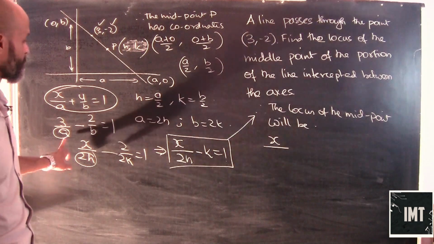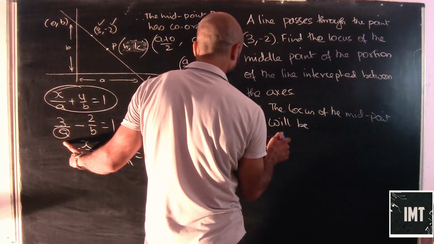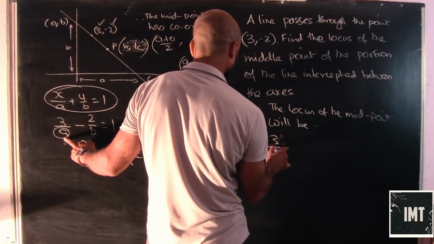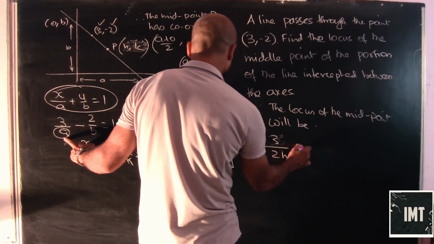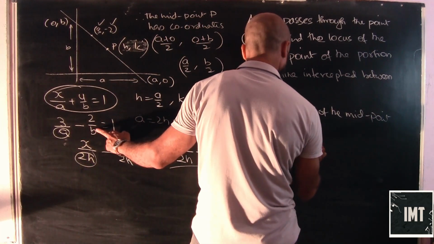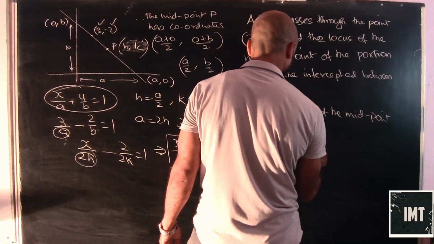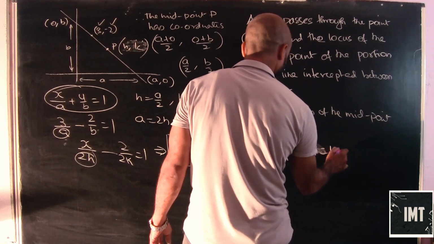This will be basically 3 by 2h minus 2 by 2k is equal to 1.